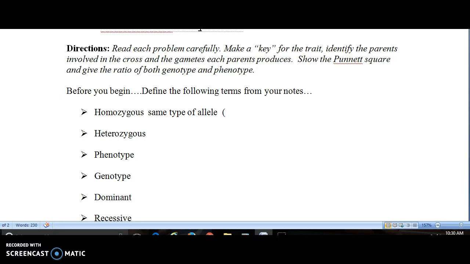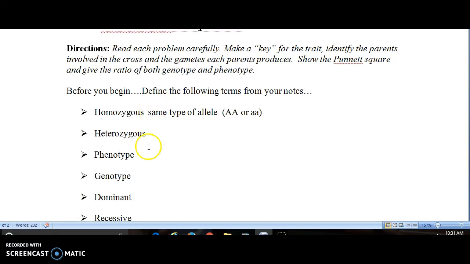If you represent that by a letter, homozygous would mean that you have two of the same traits. Like if I use the letter A to represent a trait, you would have two capital A's, one from your mom, one from your dad. So that is homozygous. Or you could have two lowercase letters for a trait. That would be another variation of the trait.